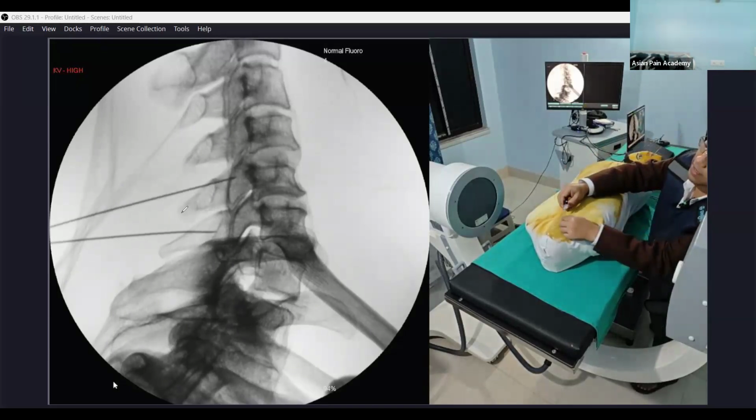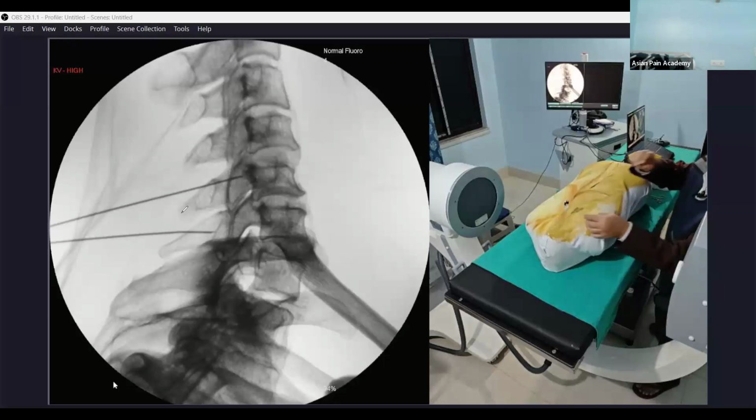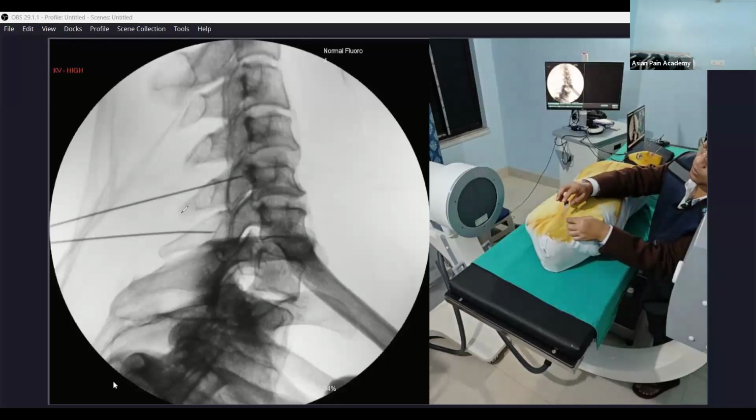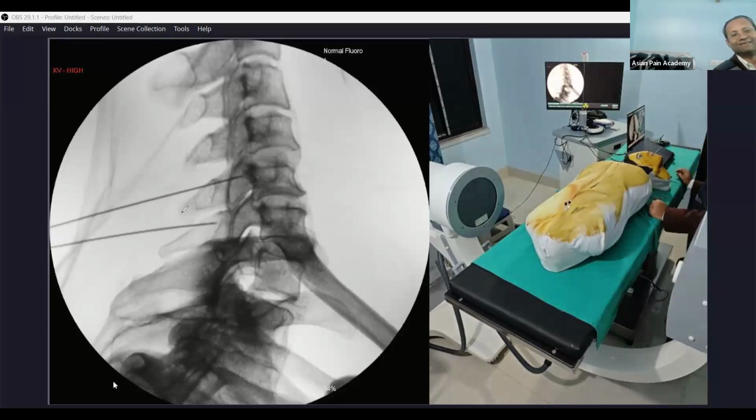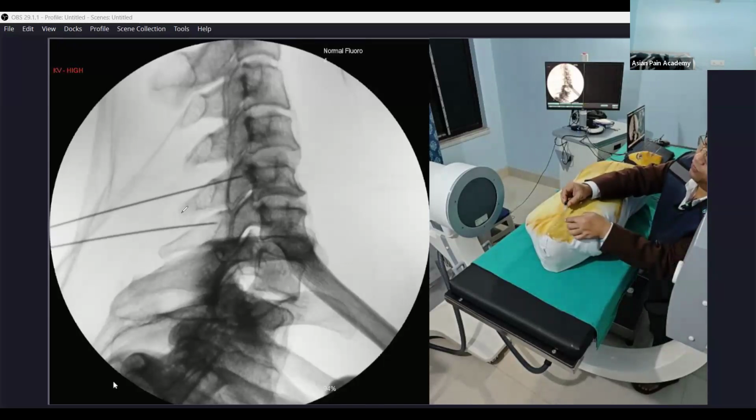So it has nearly reached. So this is the correct area, the upper one. Now the lower one. I will go a bit up. So direction is okay now. Now also I have to just work on the bone to go on the lateral side.